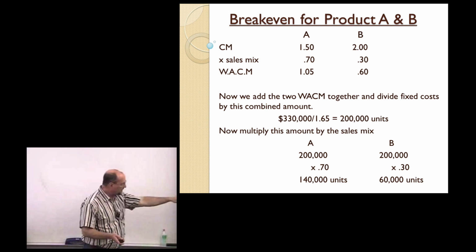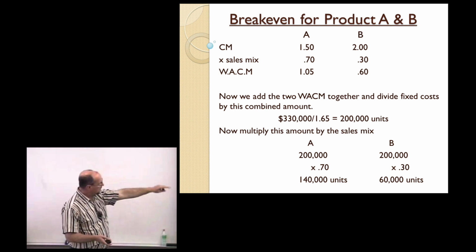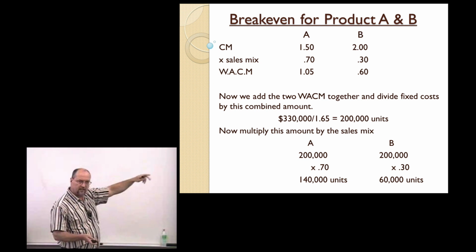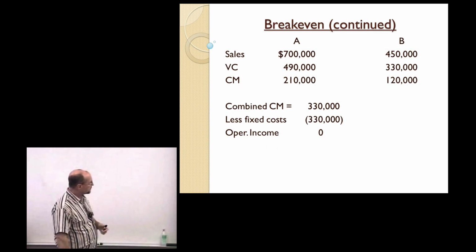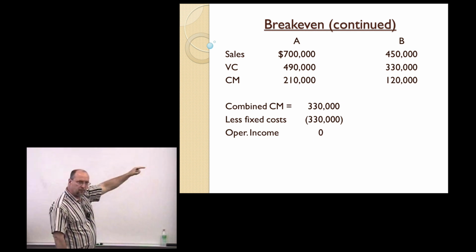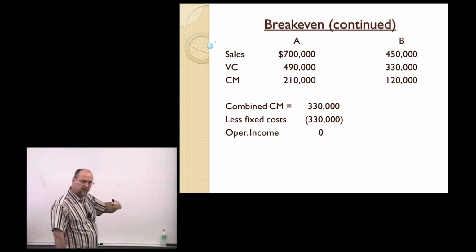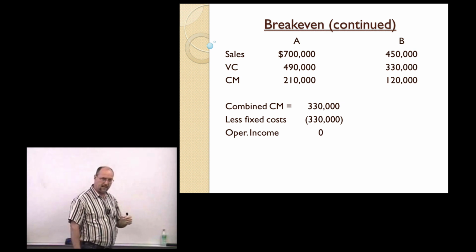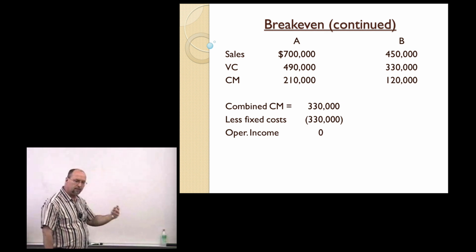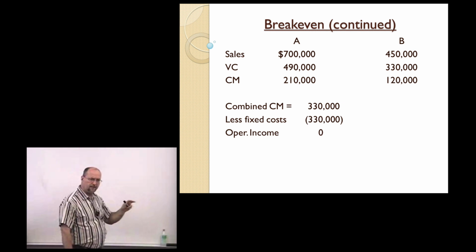And if we were to plug these in and multiply the number of units times the sales price, variable costs, etc., we would see that we do in fact break even. In fact, here it is. Total sales for A, that's the break-even units times the sales price per unit. Variable cost per unit times the units sold at break-even. You can go back on your own and plug these in, and it's a good idea for you to do that.